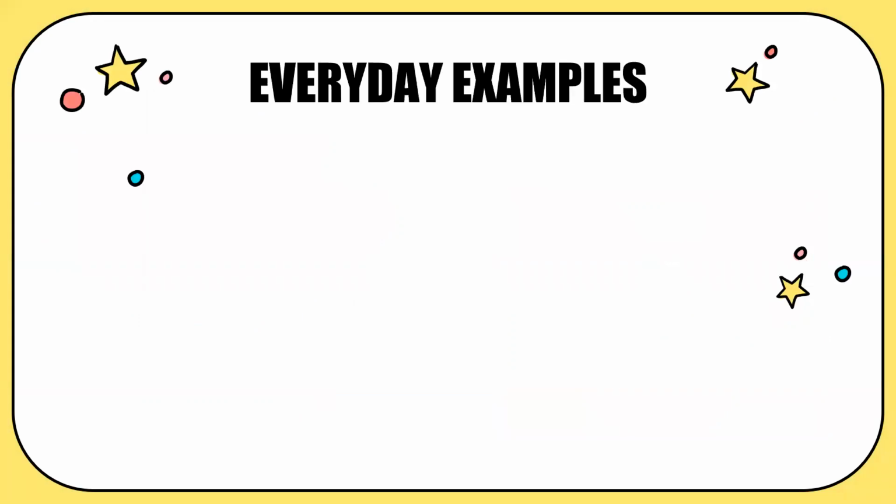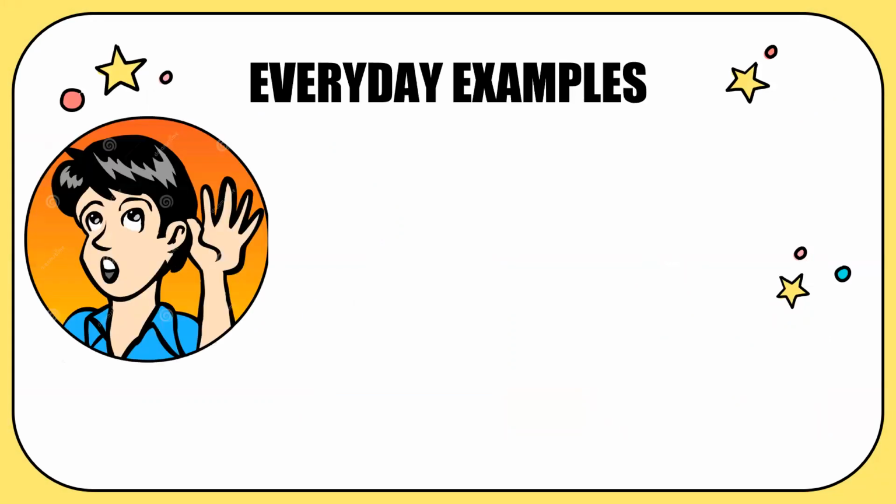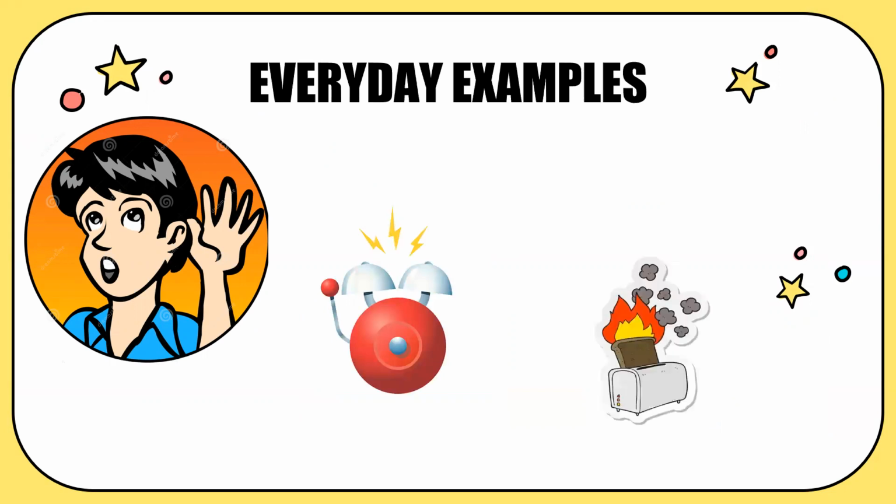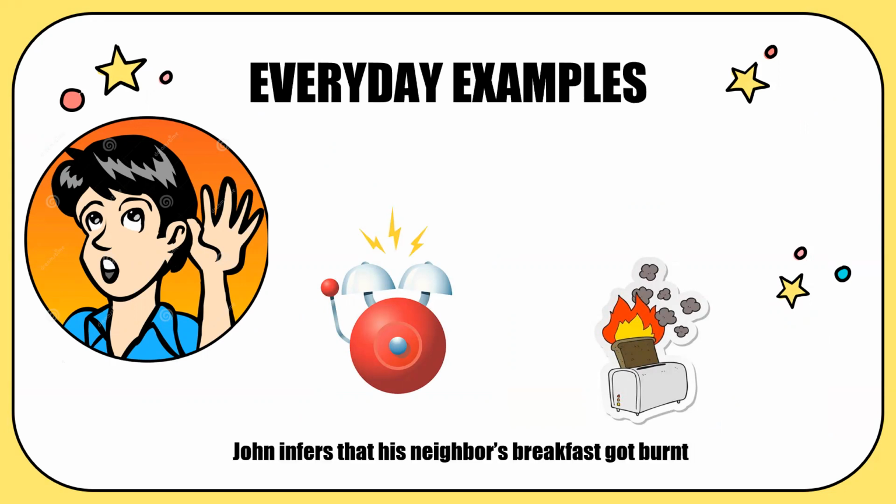So here I have an everyday example. John is a boy who suddenly hears the alarm ringing from his neighbor's house, and he also could smell the bread being burnt. So John starts inferencing that his neighbor's breakfast has got burnt. Now, in everyday life, we always use the process of inferencing without even realizing that we are using inferencing or we are involved in the process of logical reasoning.